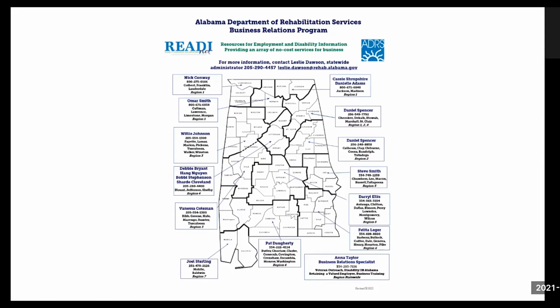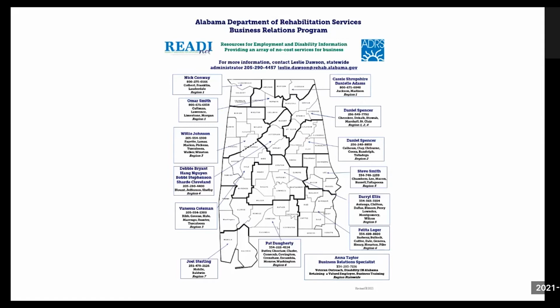Okay, great. So from the top to bottom here, we've got our whole state represented with people all in your region. So I'm going to give you a copy of this map. Matt's going to send it out after the training so you can call part of my team that's in your local area and get to know them. They do trainings in their area.